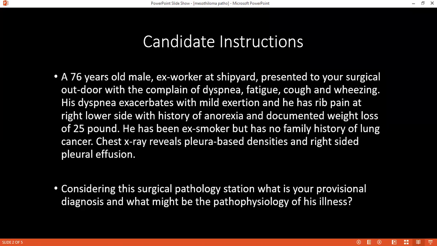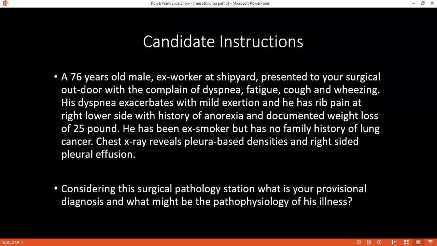Can you tell me if there is any age group in particular which is susceptible to mesothelioma? Mesothelioma is after the 50s, old age. If you don't manage this patient, what are the complications that can occur? The disease will progress and lead to pleural effusion, respiratory distress and respiratory failure.